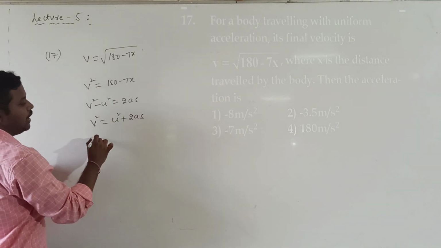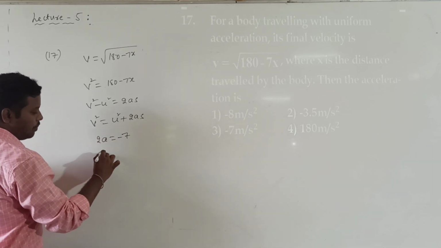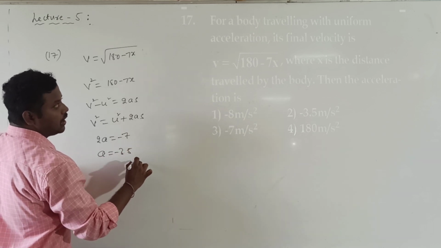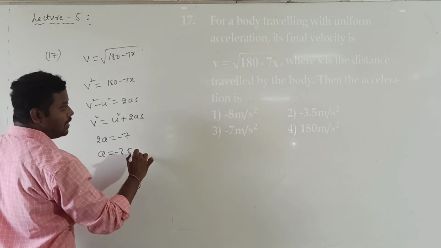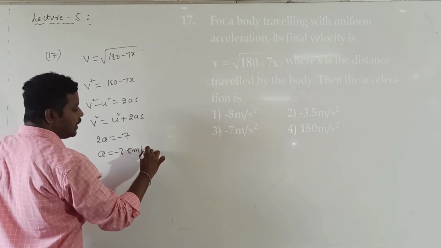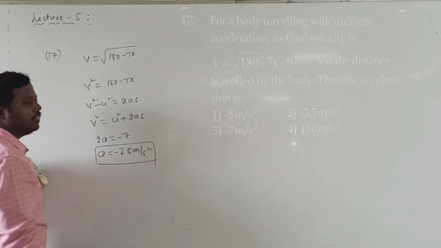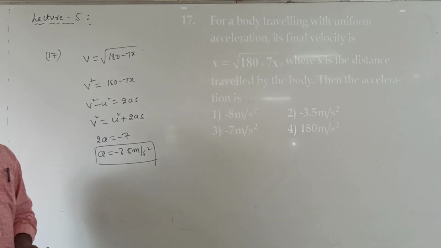What I will get is 2 into a value is equal to minus 7. From this, a value is equal to minus 3.5. So what are the units? They mentioned x value is the distance, so minus 3.5 meter per second square. In every question, checking of units is very important. Okay? So this is the question number 17. So next question.